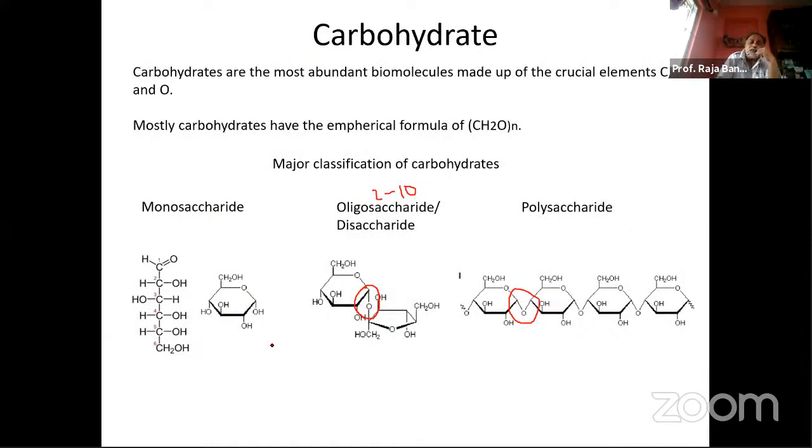The name carbohydrate is actually coined from hydrated carbon, because if you see the structure, we can write it in a general form as Cx(H2O)y. Although it is not really that, initially after element detection people said hydrated carbon, so this is called carbohydrate.